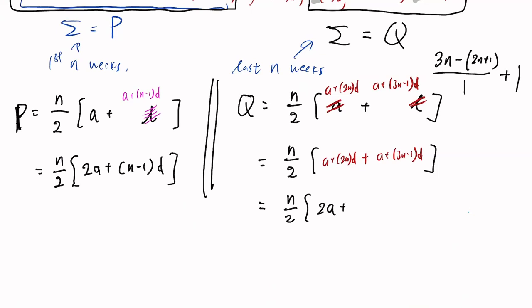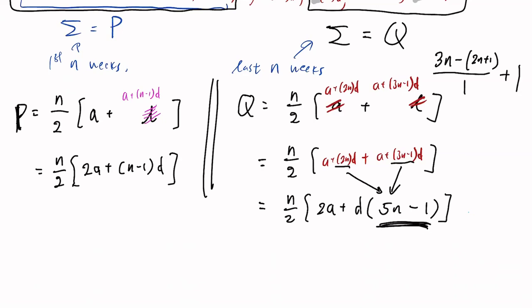I realize there's a d and d, so I can factor out a d multiplied by (2n plus 3n minus 1). Is that okay? Simplify a bit more: 2n plus 3n is 5n. I'll just erase and write down 5n. 2n plus 3n is 5n, minus 1. Okay?